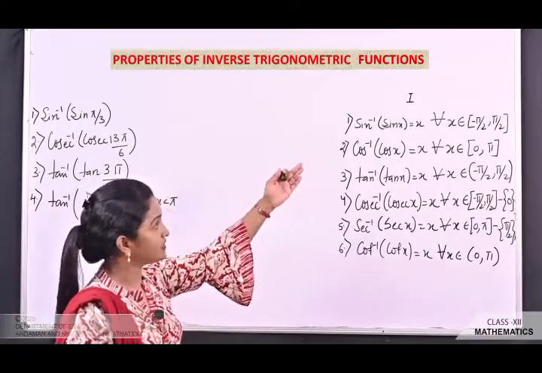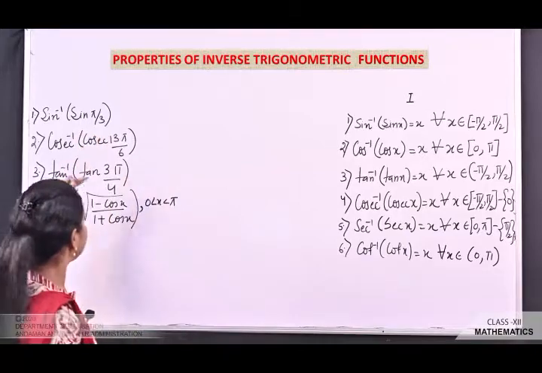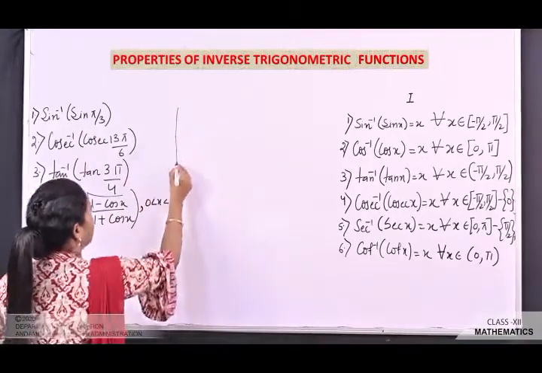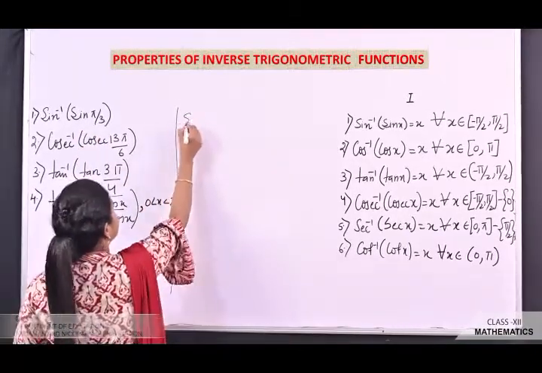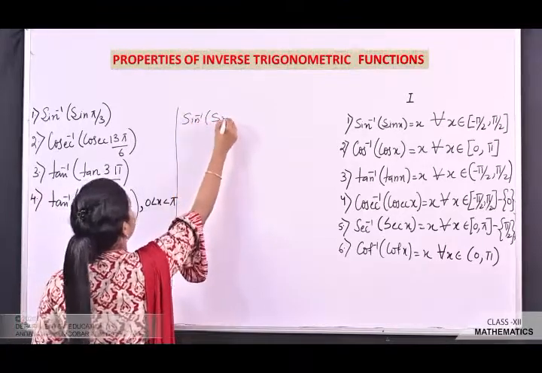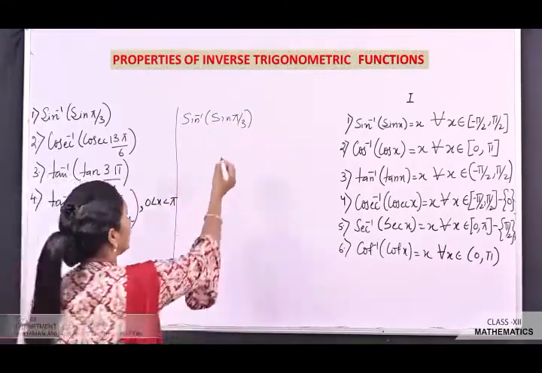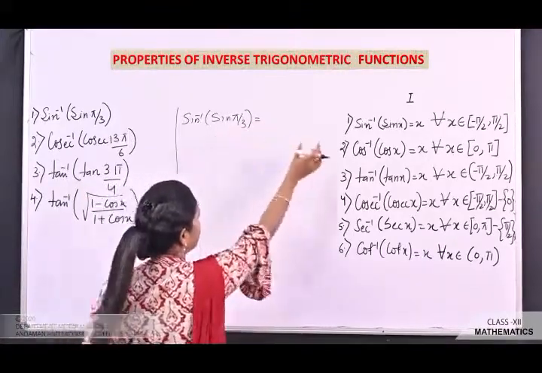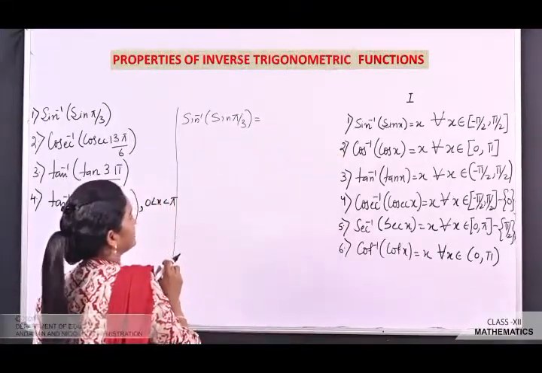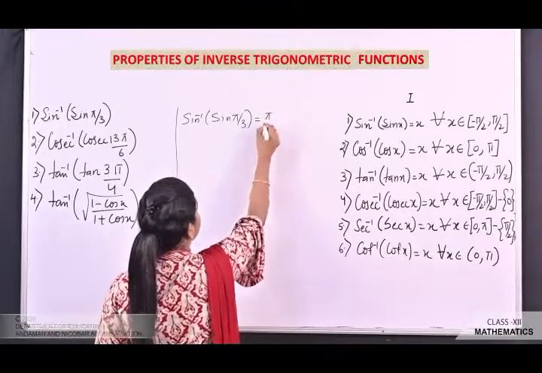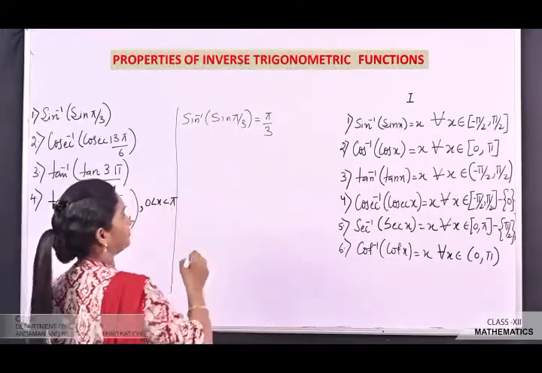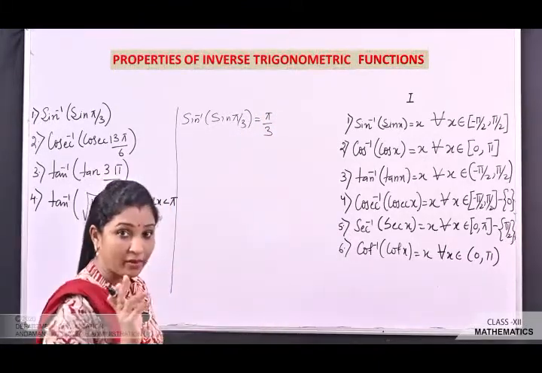See, sine inverse sin x is equal to x. So let's see some questions. Let's see the first question here. Sine inverse sine pi by 3. This is the first question. Now, if you see the property sine inverse sin x is x, that means I can write down here pi by 3. Why am I writing pi by 3?